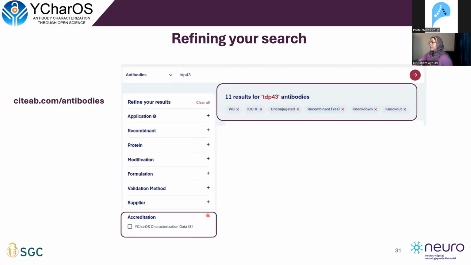I would like to point out that when antibodies are also tested by YCharOS, this can be found under the accreditation portion here under refinement of the results as well. So now these 11 results were ready for my evaluation.